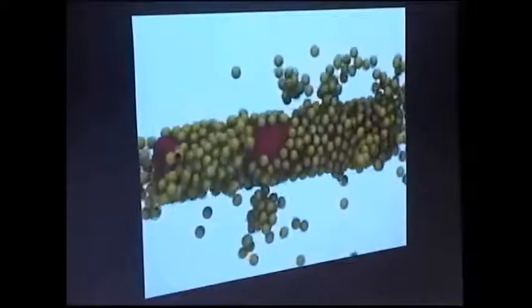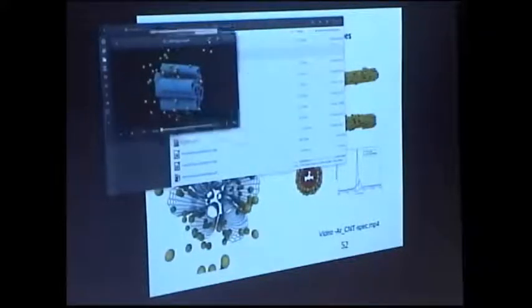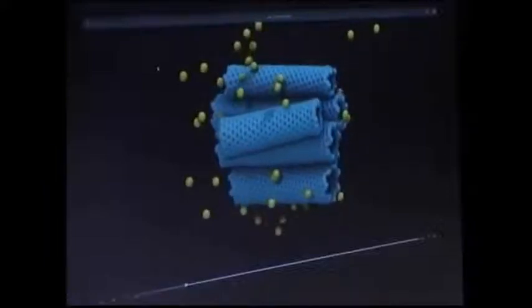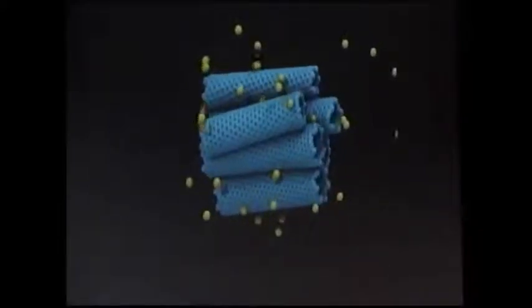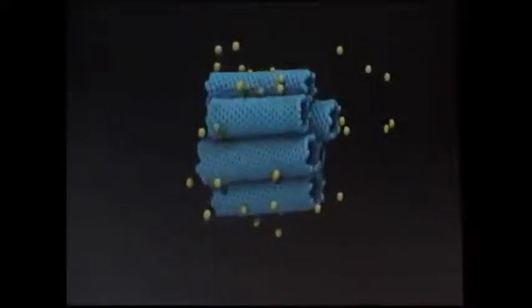Here, it's a system at around 20 Kelvin. And then you see the argon freezing on the surface and forming something really well organized, you see. And we have also a bundle of carbon nanotubes. Then you see the carbon nanotubes sticking together, and then the atoms starting to interact and go into the grooves and being captured.